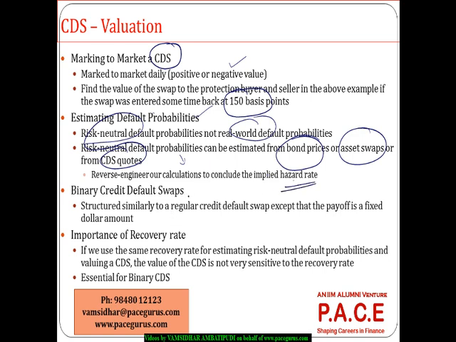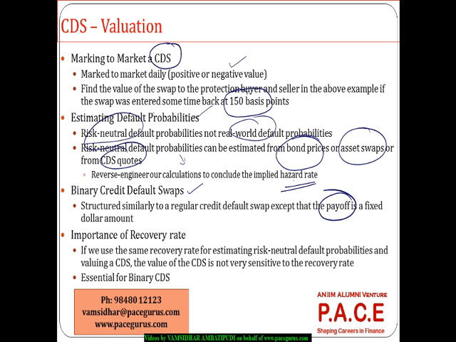And if we are talking about a binary credit default swap, the small difference is that it's exactly the same as the credit default swap, but the payoff is a fixed amount. So we don't even consider the recovery rates or anything. It's a fixed amount.